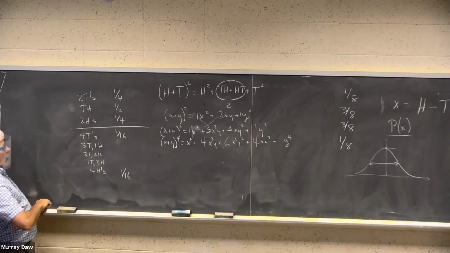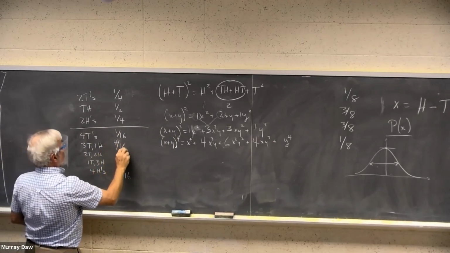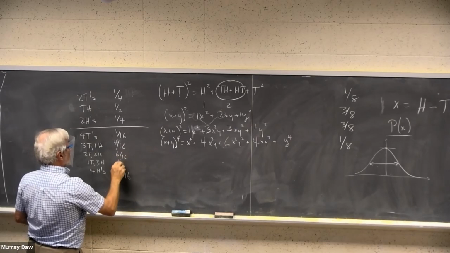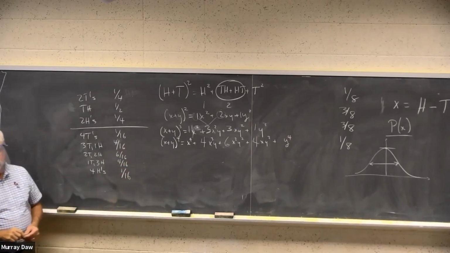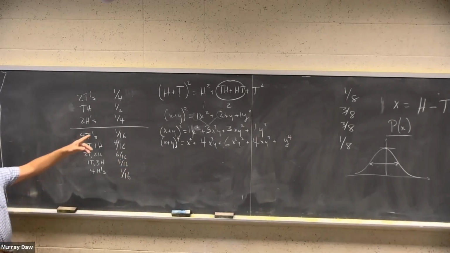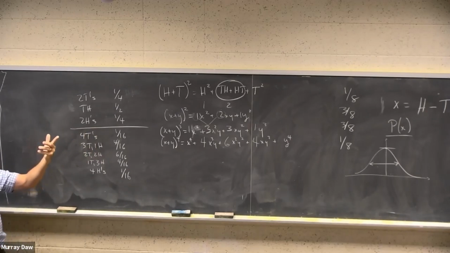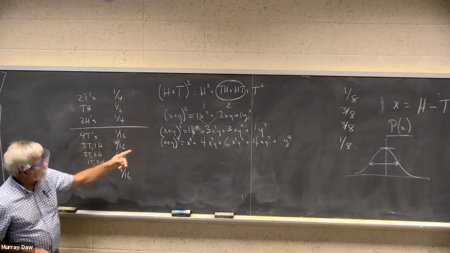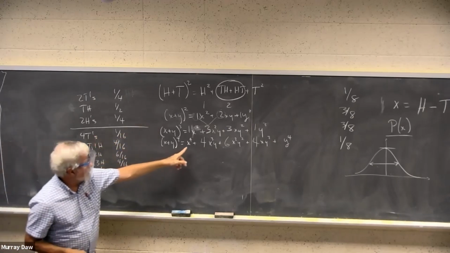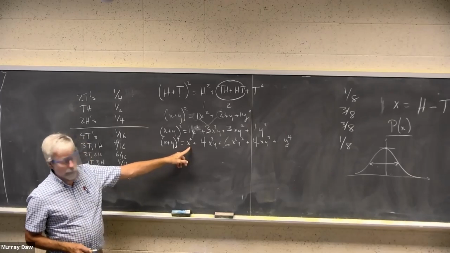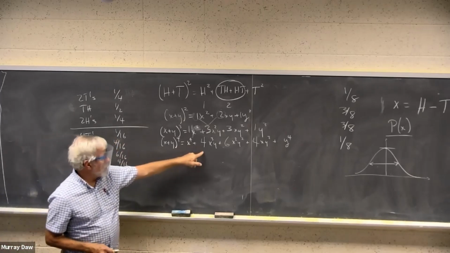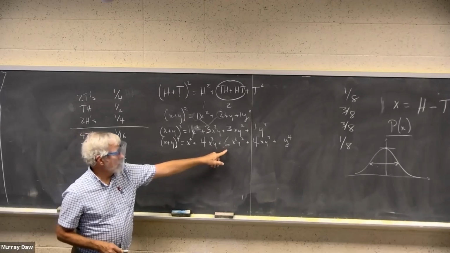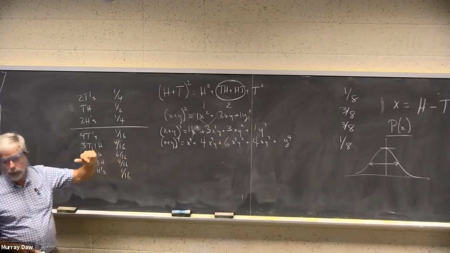So we should have over here 4/16, 6/16, and another 4/16. If we set x and y equal to 1/2, which is the probability for each coin toss, then x plus y is 1/2 each, so the 4th power is 1/16. 4 times the same thing, 6 times the same thing, 4 times the same thing.